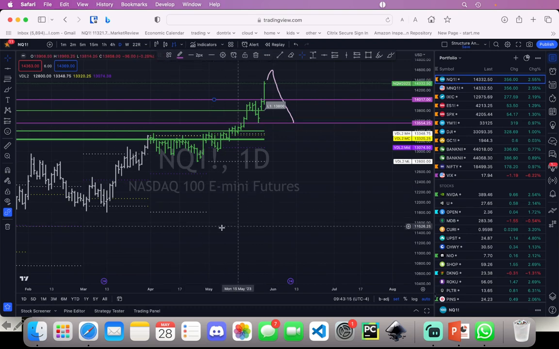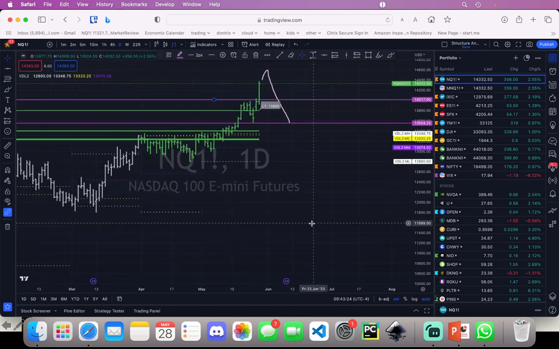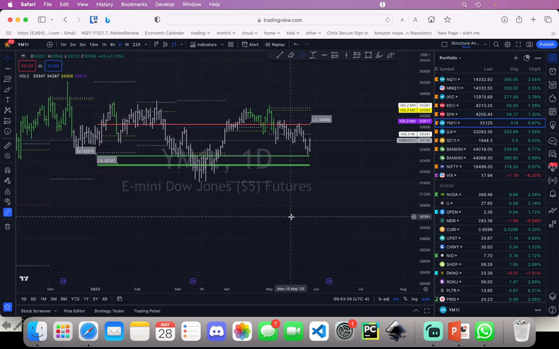So that's it for the market structure analysis. The first sign of bullishness in two markets. The third market will join. Dow Jones will join soon. As you see here, it's taking support at this L2 level. That's what happens most of the time.